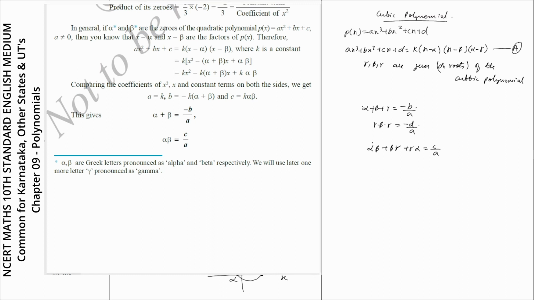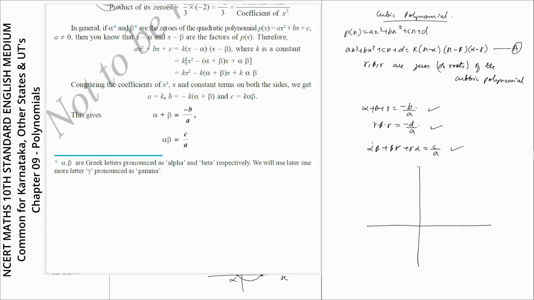The multiplication is left to you. In equation A, you should multiply the right hand side, and whatever you get, compare with the left hand side, comparing the coefficients of x cube, x square, x and d term. Then you get these three equalities.